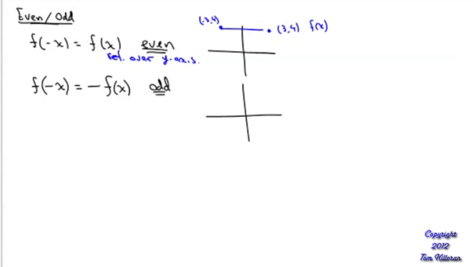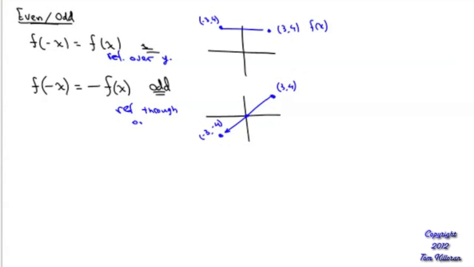If I start off with the same point, 3, 4, someplace over here, and this is my odd function f of x, when I change 3 to negative 3, what happens to the y value? It becomes negative. So instead of getting 3, 4, I would get this point down here, negative 3, negative 4. And it's considered odd because it reflects through this point, the origin.